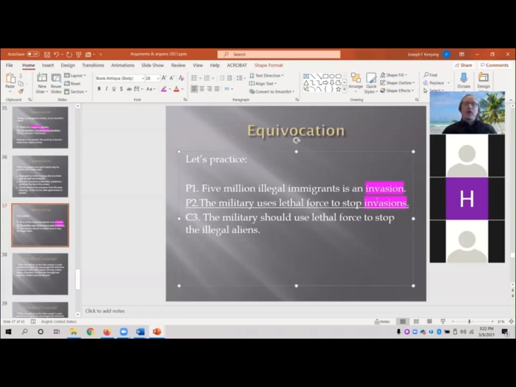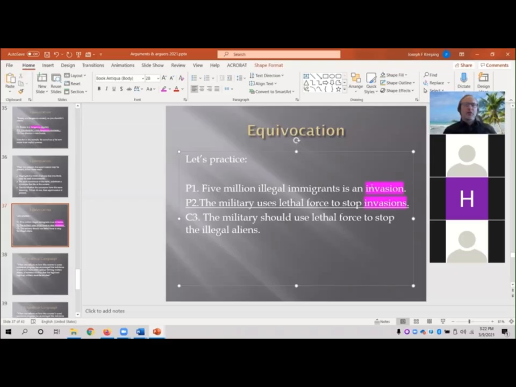So what would be a different way to say invasion that would make the first premise true? 5 million illegal immigrants is, keep in mind, it doesn't have to be one word. It can be a phrase. I used this one before.